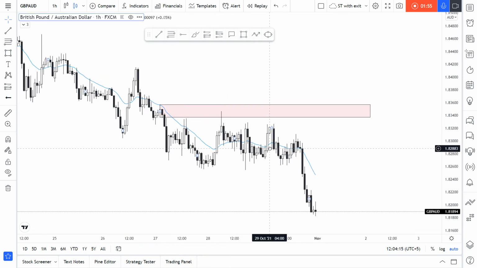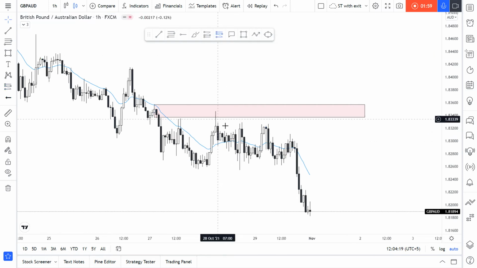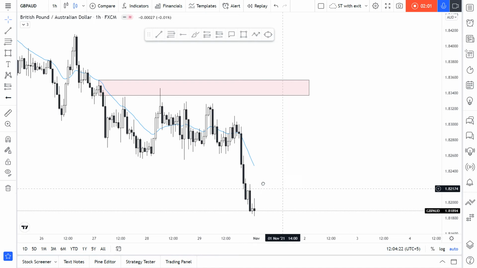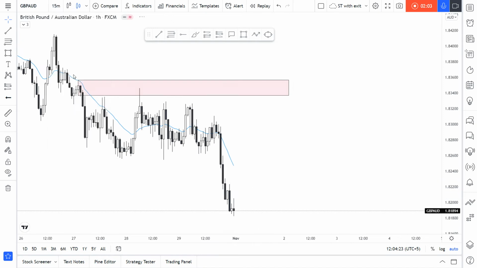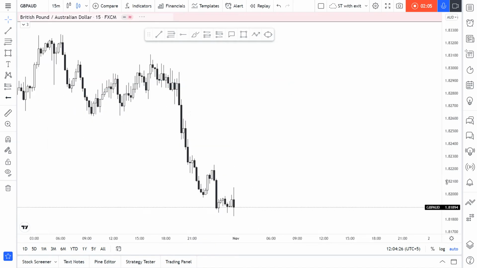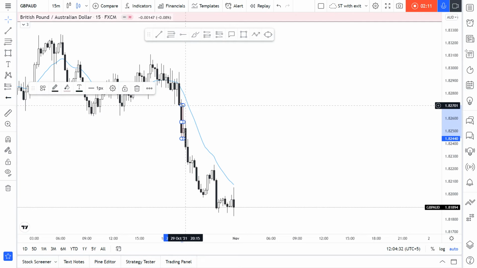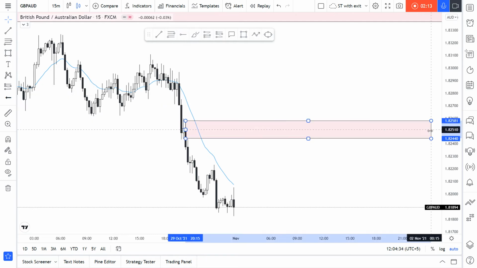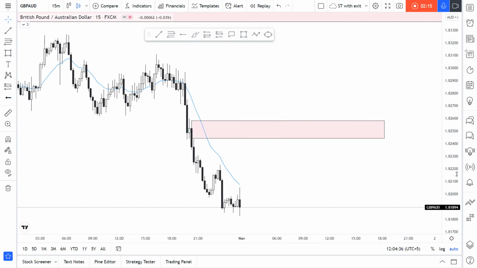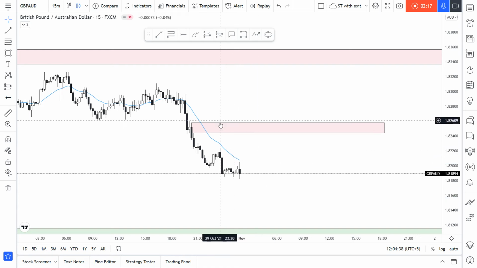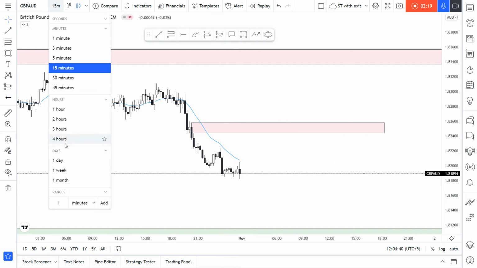We got this, and right now I'm expecting a little pullback to the upside, maybe somewhere to those levels, before going further down.